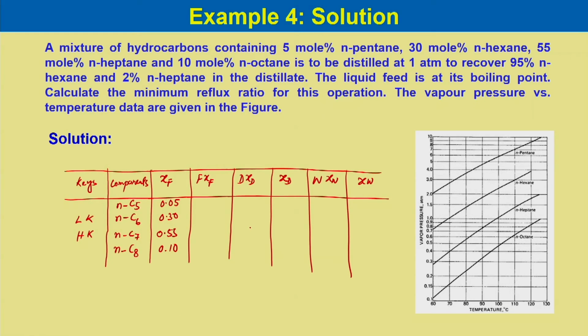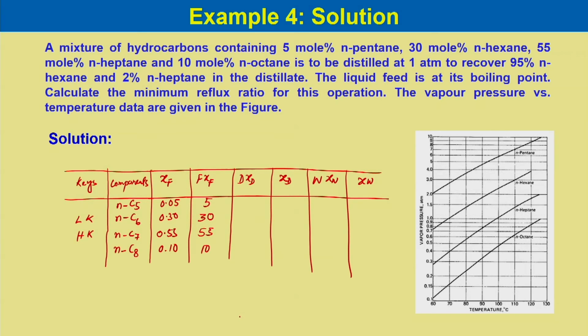We have considered 100 moles of feed, so F XF would be 5, this would be 30, this would be 55 and this would be 10.